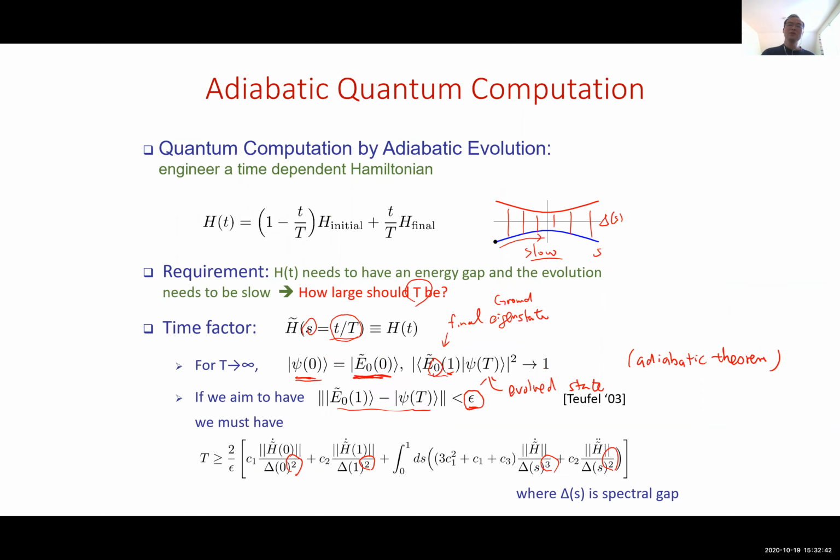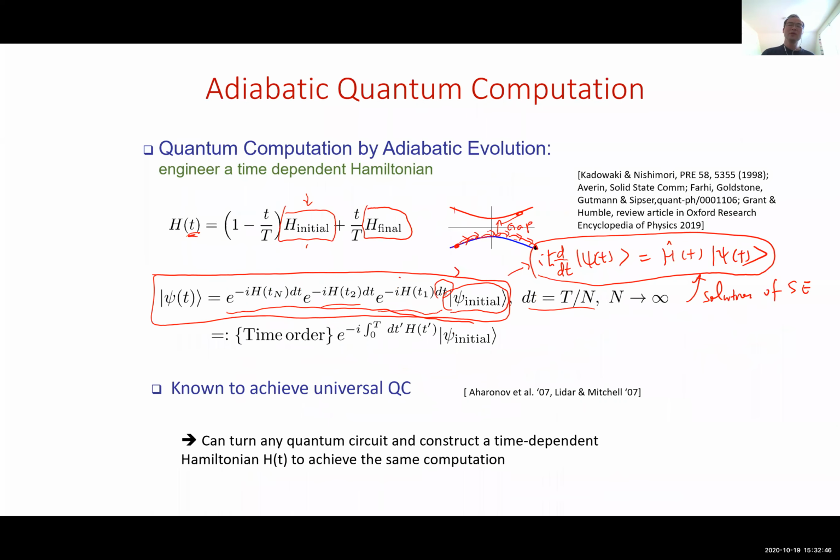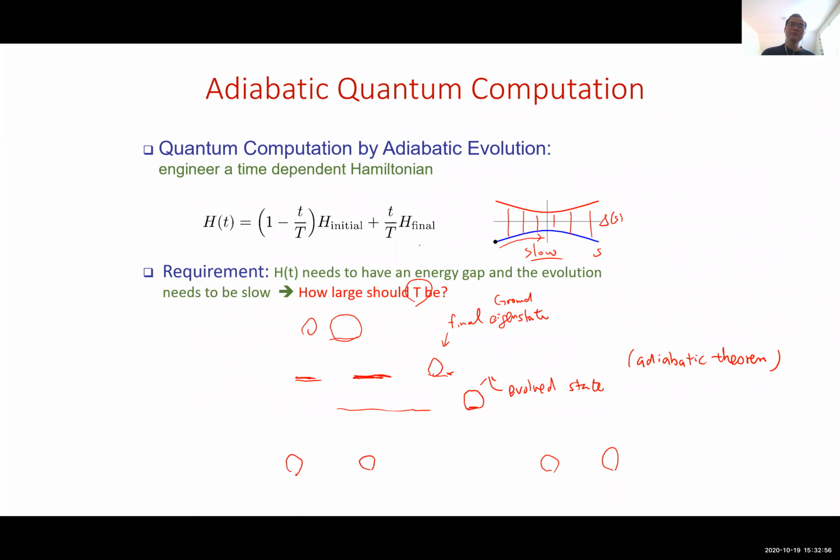So if I go back, basically what adiabatic computation is, you need to find two Hamiltonians, and you interpolate between them, and you want the gap between them not to close, right?